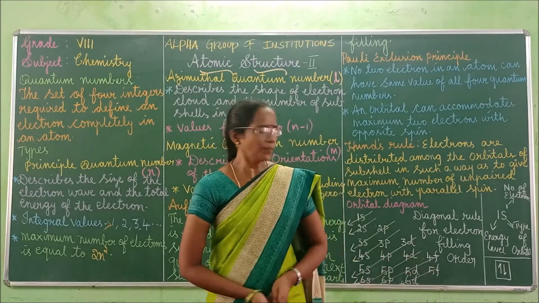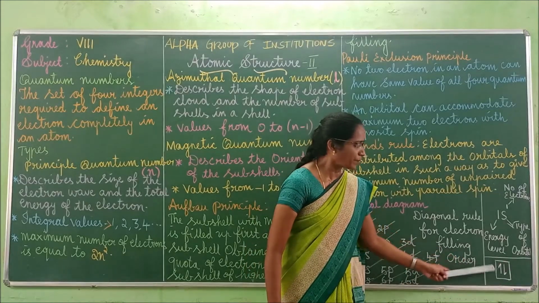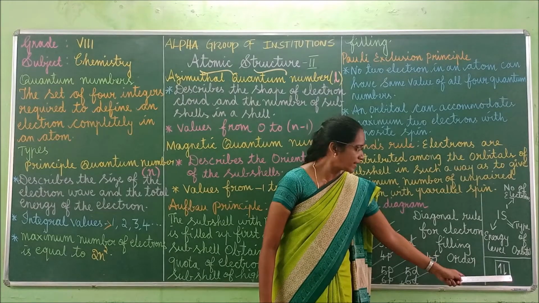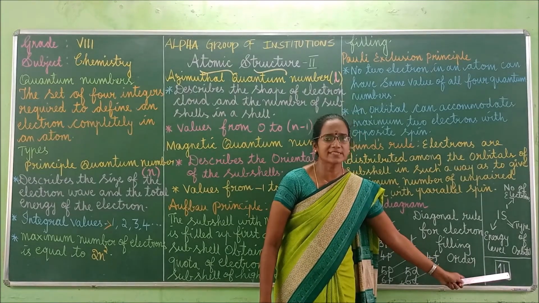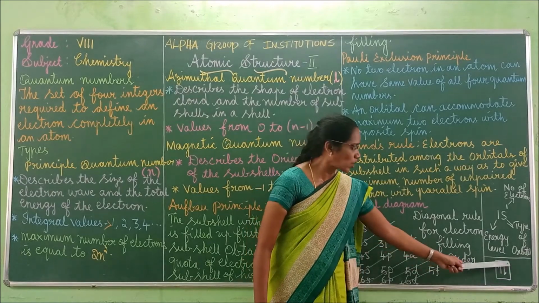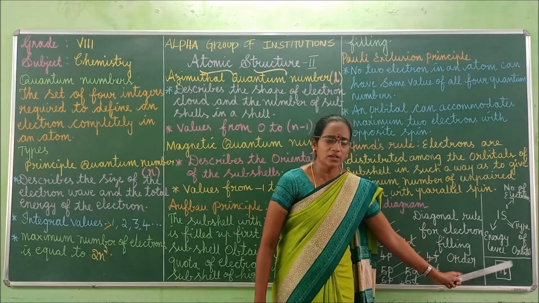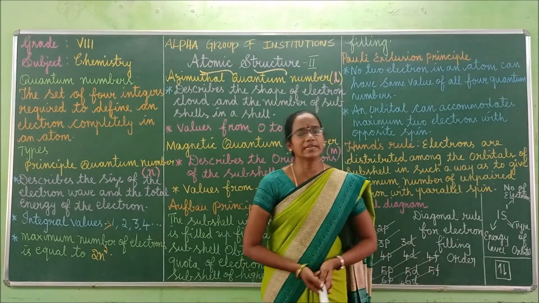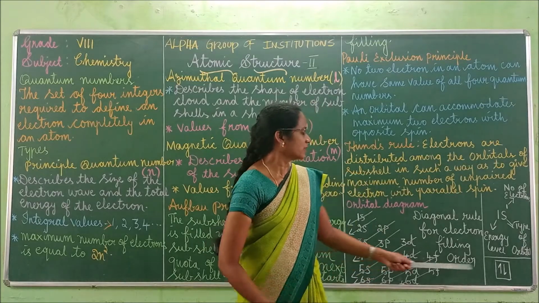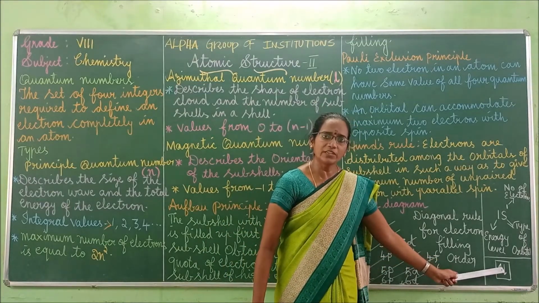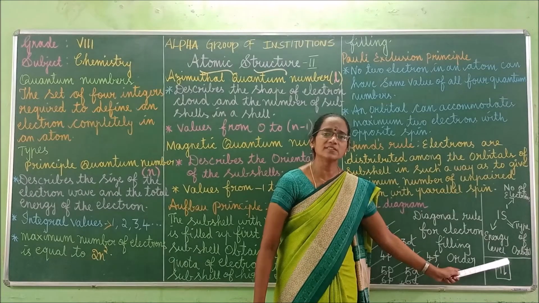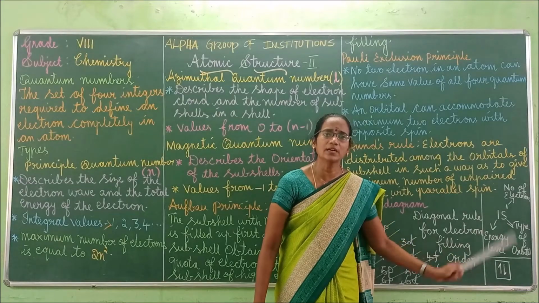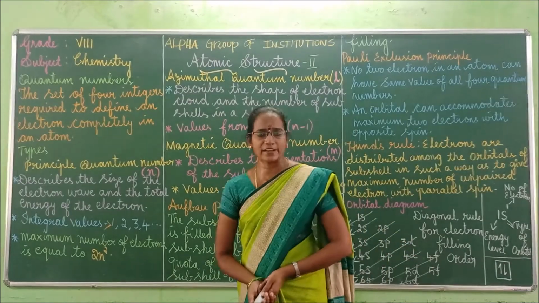In an orbital diagram, a square represents the orbital, whereas the arrows indicate the electrons. The upward arrow indicates the electron spinning in one direction, whereas the downward arrow indicates the electron spinning in the other direction.